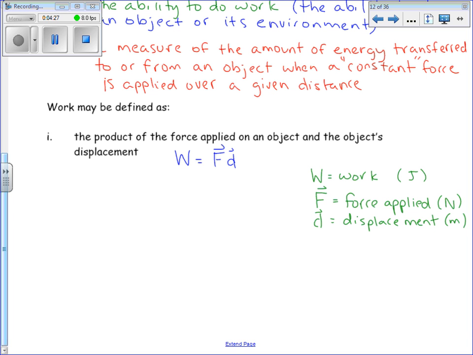And this formula we use when we have a situation, maybe a free body diagram, where we have a force that acts horizontally or, say, vertically, but it acts in one direction. So that's our force, and the displacement of the object is in the same direction or in the same plane. So it's either going to be in the same direction or in the opposite direction. That is when we use this particular formula, and this formula is on your formula sheet.